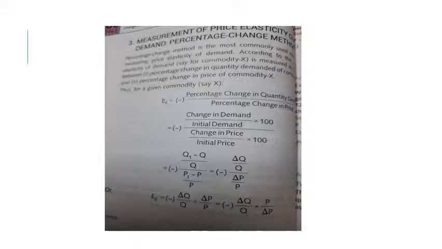So we can write it like Q1 minus Q upon Q, then P1 minus P upon P, which is equal to minus delta Q upon delta P upon P. So we get the formula: minus delta Q upon Q multiplied by P upon delta P. While doing numericals, we will use this formula.